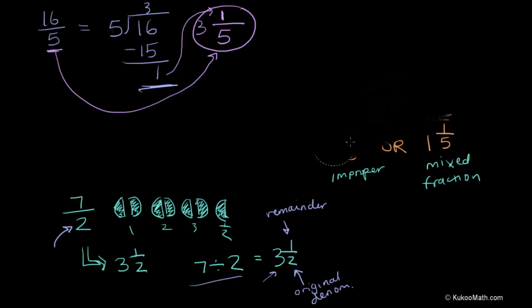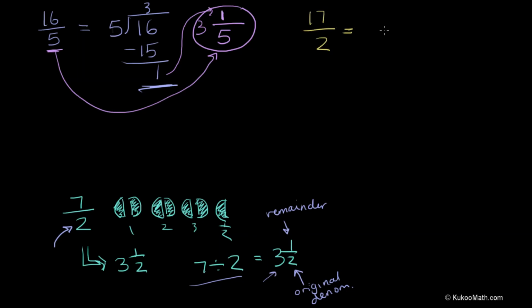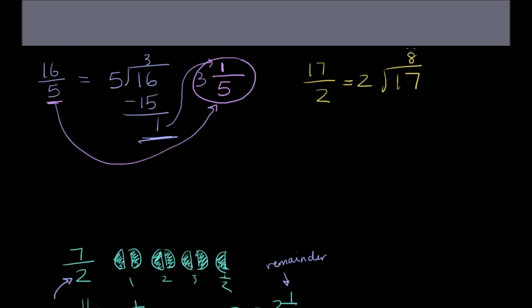Let's try this again with a different problem. Now we have 17 halves. So look at it as a division problem. How many times can we fit 2 into 17 without going over 17? Well, 2 times 8 is equal to 16.